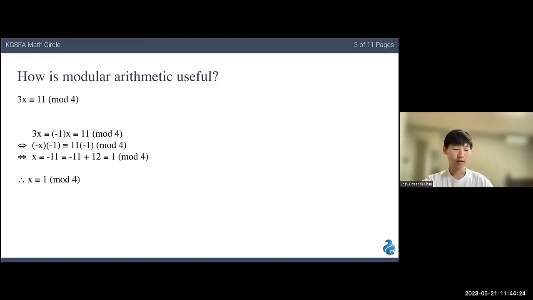Then we can multiply -1 to both sides, once again using the multiplication rule. And then finally, we can add 12, which is congruent to 0 mod 4, to get that x is congruent to 1 mod 4. In other words, when x is divided by 4, the remainder is 1.